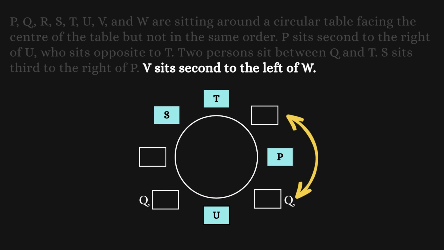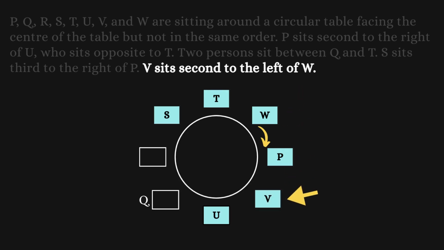Here, one of the seats is free and the other seat could be taken by Q. This means even if these two positions are taken up by V and W, Q can have another position to sit according to the question. So we'll put W here and V will sit second to the left of W, which is here.